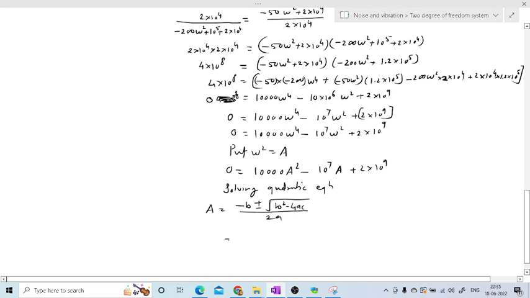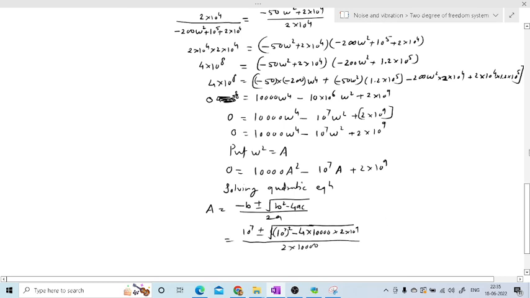Now put the values. Minus b means it will become 10 raised to 7 plus minus root of 10 raised to 7 squared minus 4 into a, which is 10,000, into c, which is 2 into 10 raised to 9, divided by 2 into a, which is 10,000.